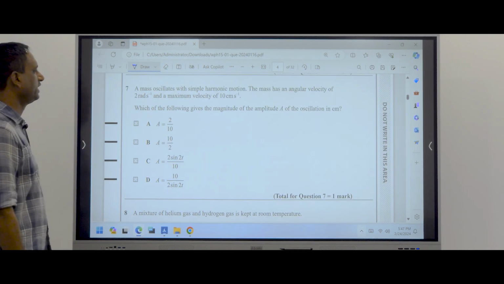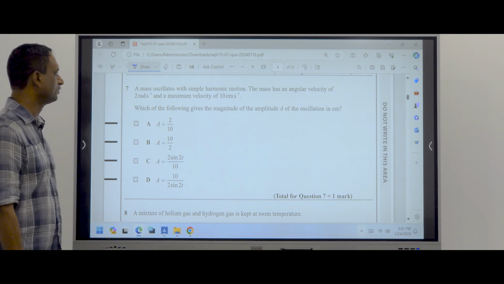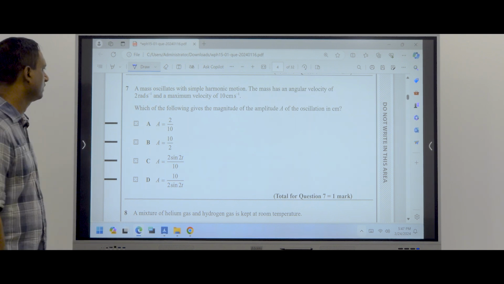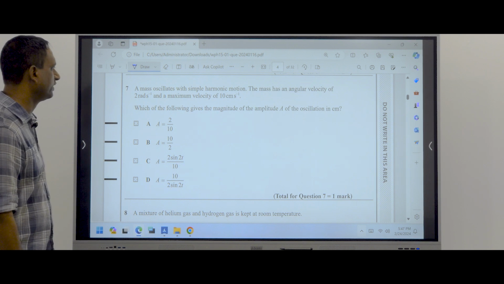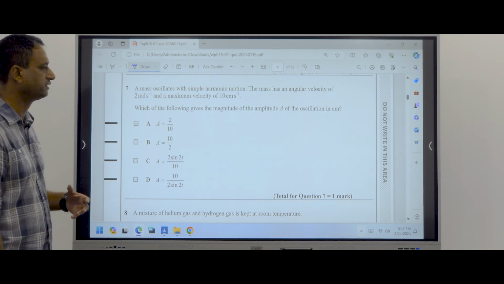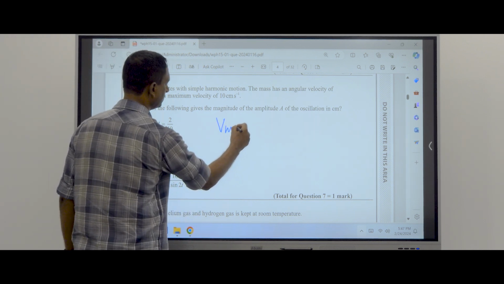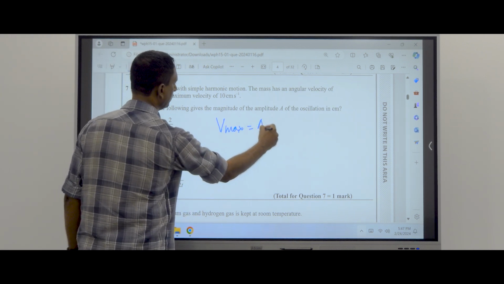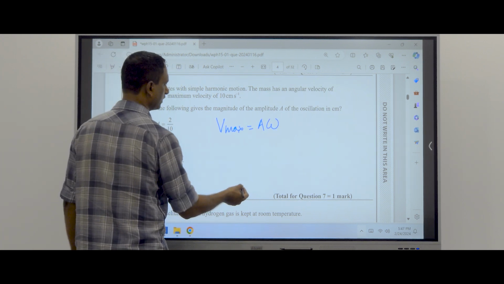A mass oscillates with simple harmonic motion. The mass has an angular velocity of 2 radians per second and maximum velocity 10 centimeters per second. Which of the following gives the magnitude of the amplitude A of the oscillation in centimeters? We have the equation: maximum velocity V max is A omega.